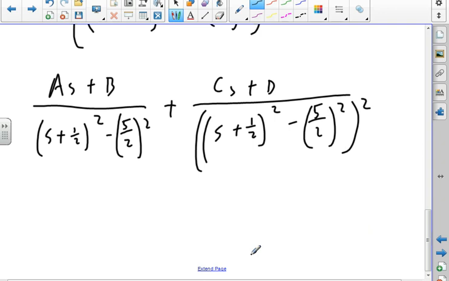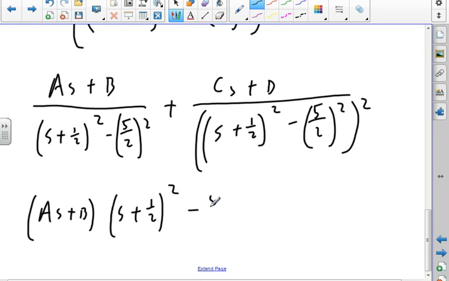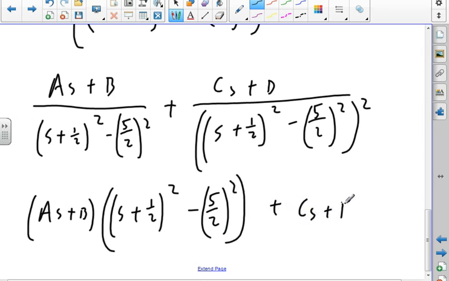Okay, I see that that is definitely a pain in the rear end, but other than that, it looks like I've got (as plus b) times (s plus a half) squared minus (5 over 2) squared, plus (cs plus d) is going to have to be 1.